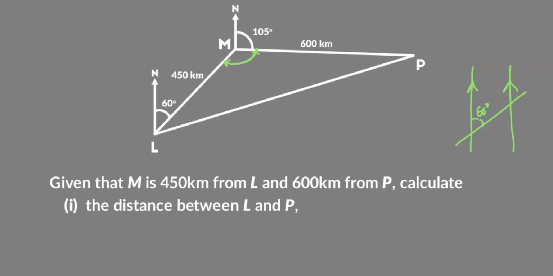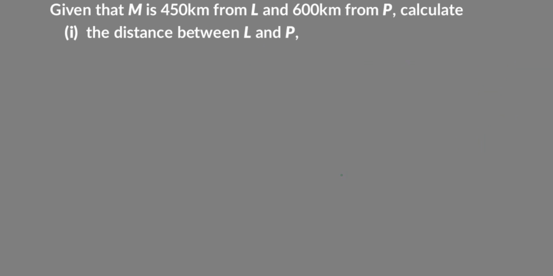This angle here and the angle here added together are equal to 180. So what I want you to get from the diagram here is the point at M. So we've got the point M, we've got this representation here. The angle here is 105. And then we know we can find the angle here.